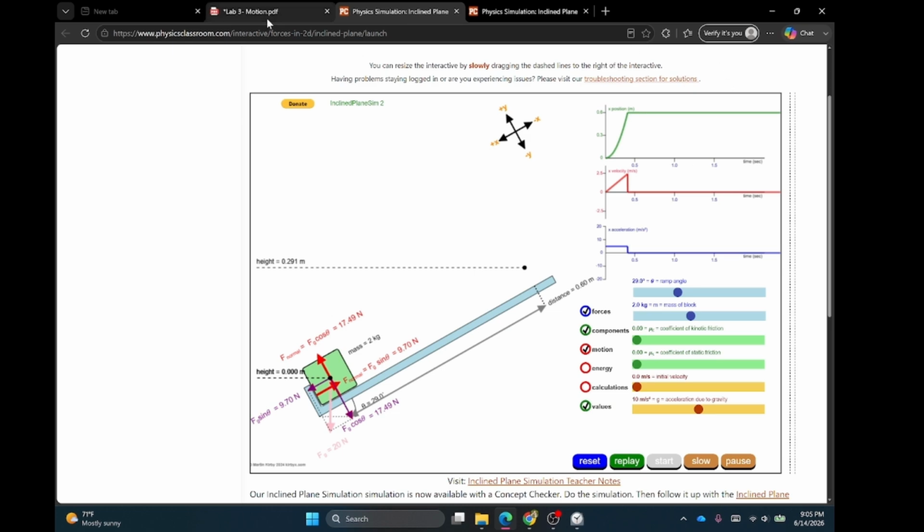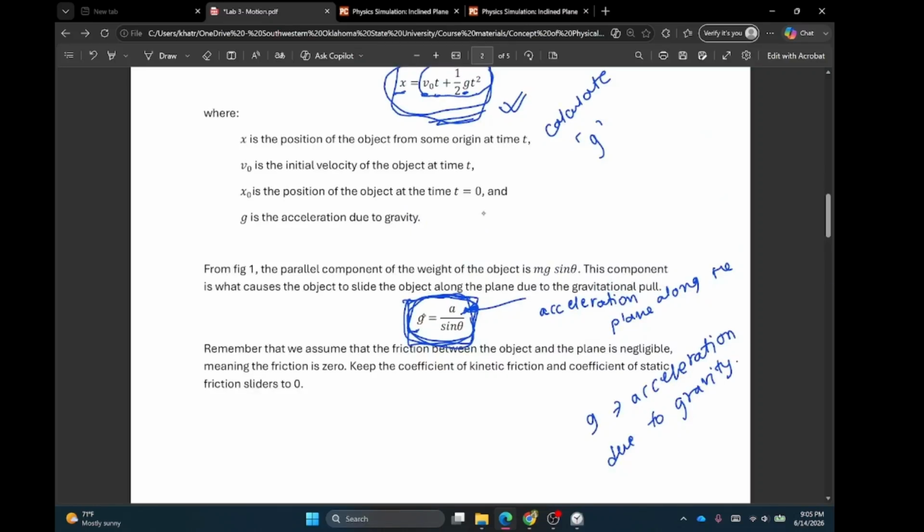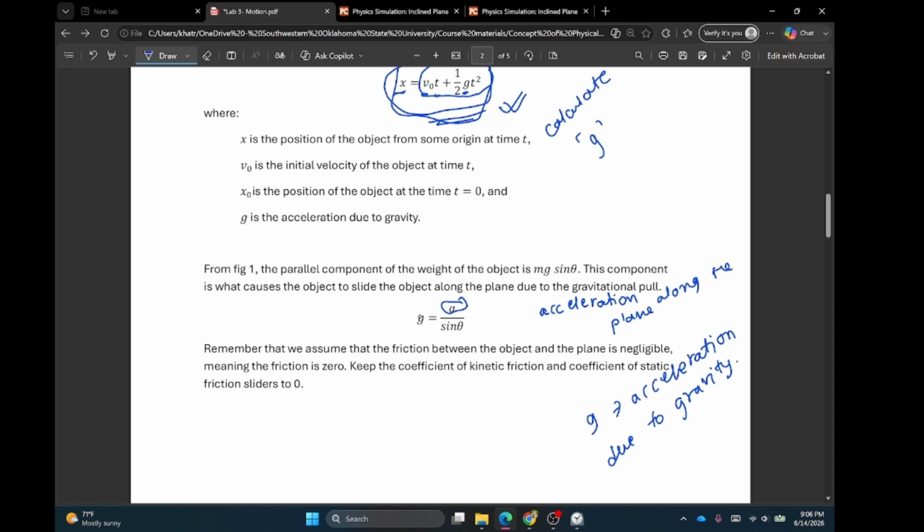Now if you go back to our table, the acceleration here is the acceleration shown in this motion graph, and g is what we will calculate.